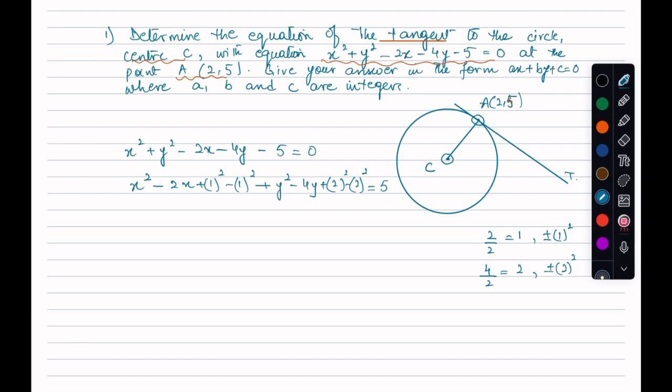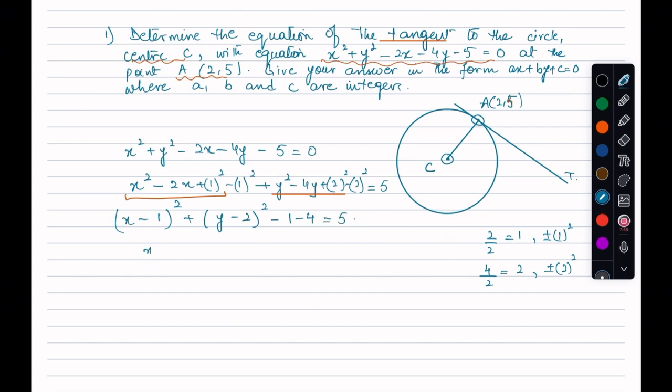From here, just doing completing square method, as discussed earlier in quadratics, the first 3 terms represent x minus 1 the whole square, plus y minus 2 the whole square. Negative 1 the whole square will be negative 1. Negative 2 the whole square will be negative 4, and this equals 5.